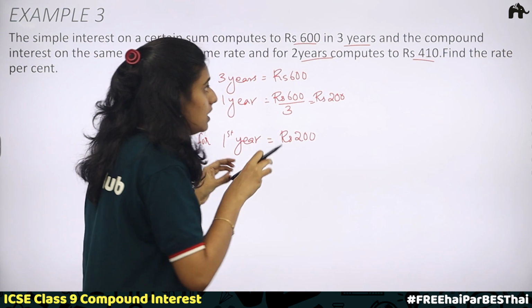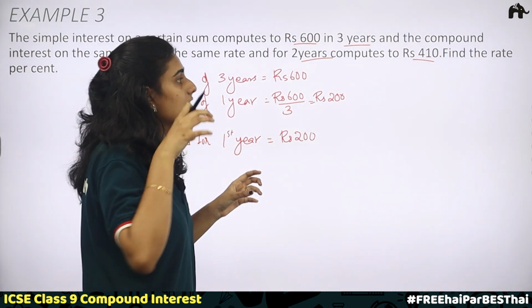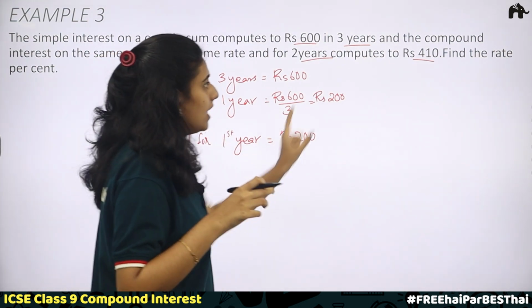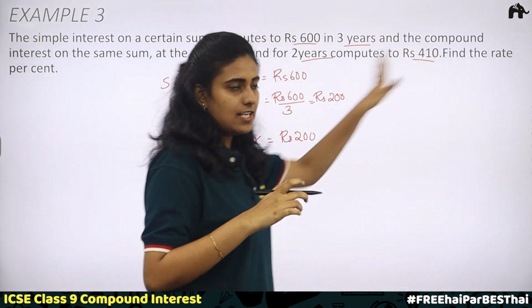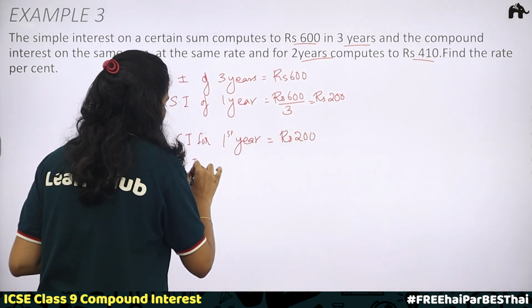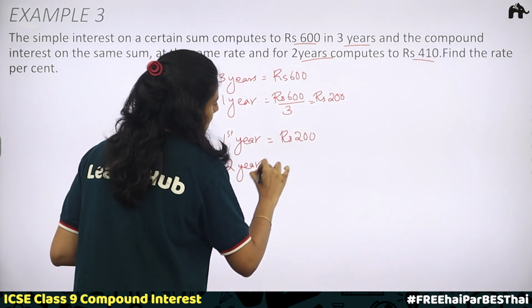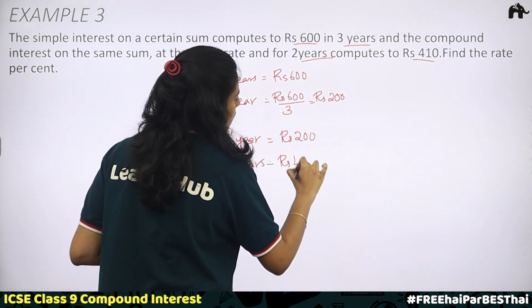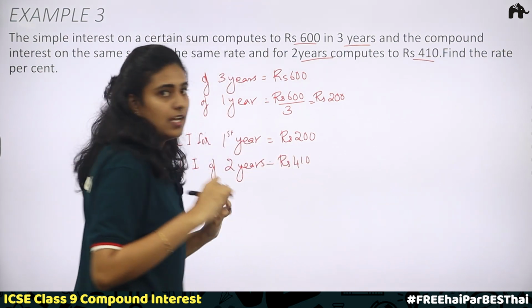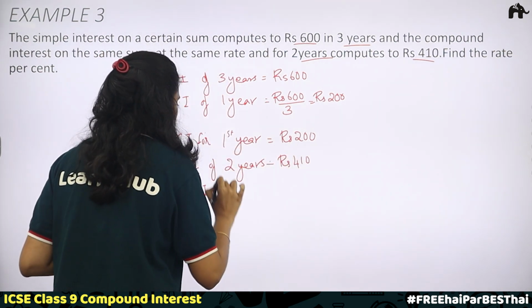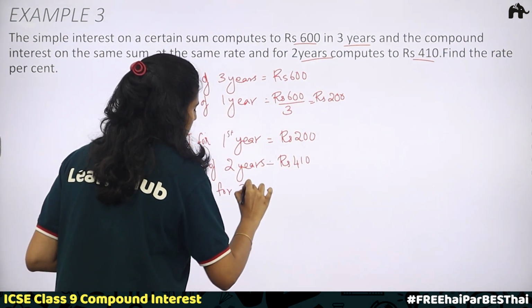That is compound interest for first year plus the interest for second year. When added, you will be getting rupees 410. So the compound interest of 2 years is equal to rupees 410. Then what is the compound interest for second year?